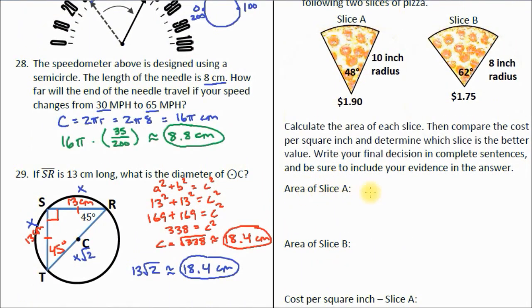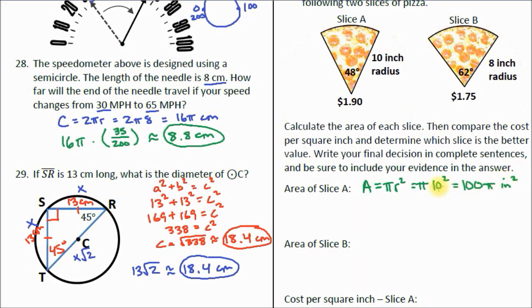So the area of slice A, we're going to have to know the total area of the pizza first. So the area of the whole pizza is going to be pi r squared, which is pi times 10 squared, which is 100 pi inches squared.